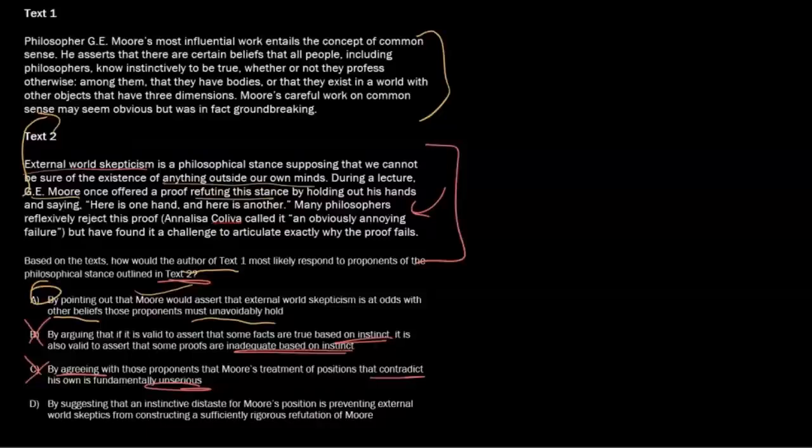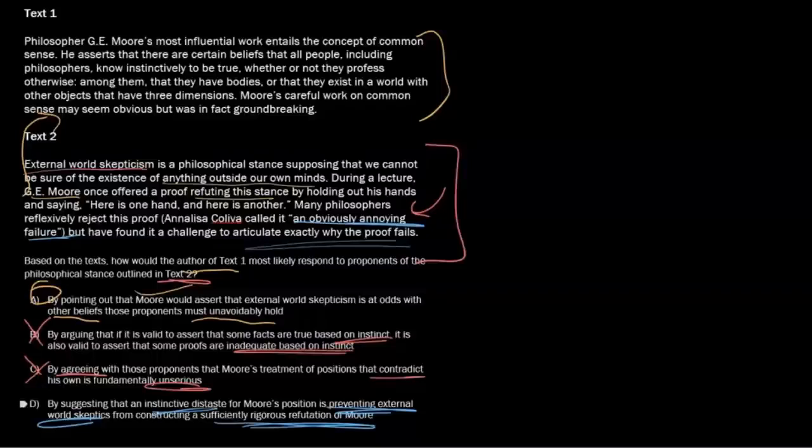So this is not the right answer. Now, our last choice here, by suggesting that an instinctive distaste for Moore's position is preventing external world skeptics from constructing a sufficiently rigorous refutation of Moore. Now, she's calling an obviously annoying failure, right? And they haven't found out how to refute it exactly. But I would say that this is not the answer, right?